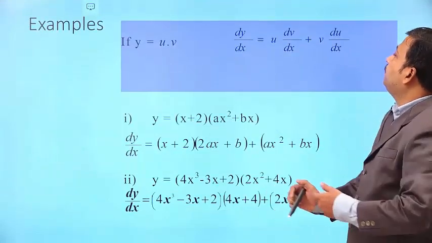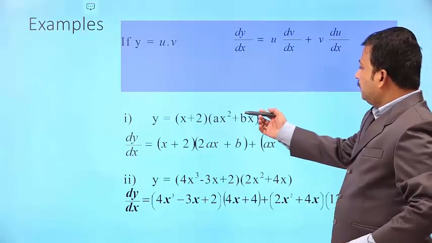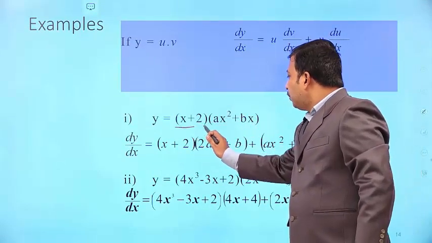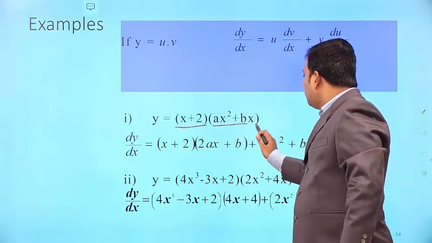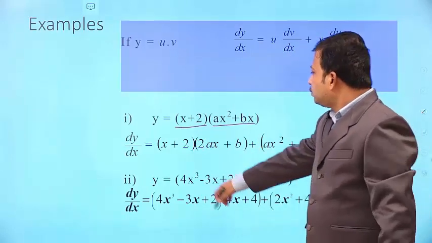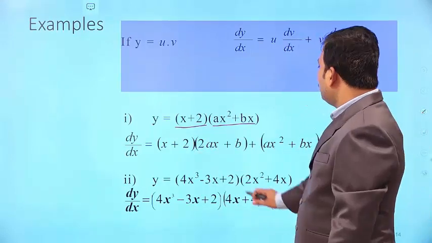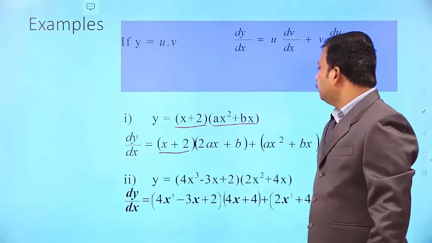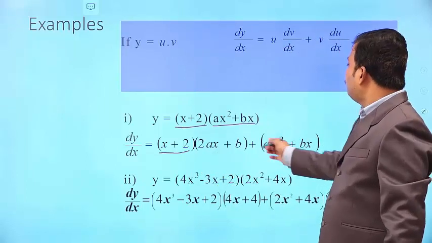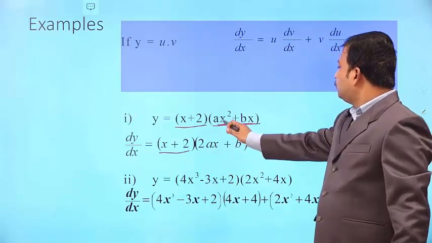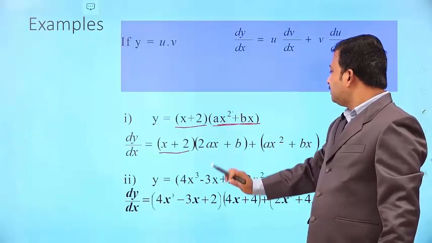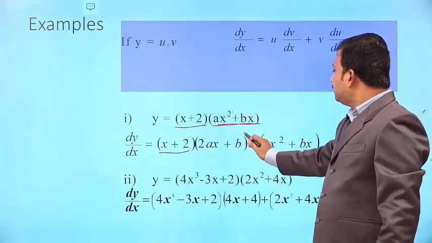Now see, for example, let us take y is equal to (x plus 2) into (ax square plus bx). So dy by dx is equal to (x plus 2) into u into derivative of v. What will you get? 2a into x plus derivative of bx, that is b.